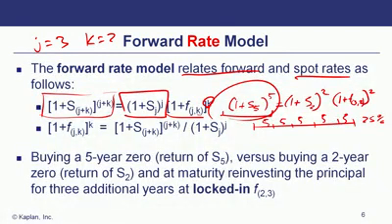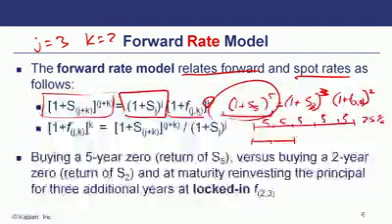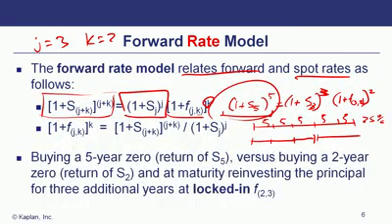Compounding would start to be significant if you have a lot of periods. But we're breaking it down into a 3-year rate, sorry, a 3-year rate and then another 2-year rate. So the point is this.